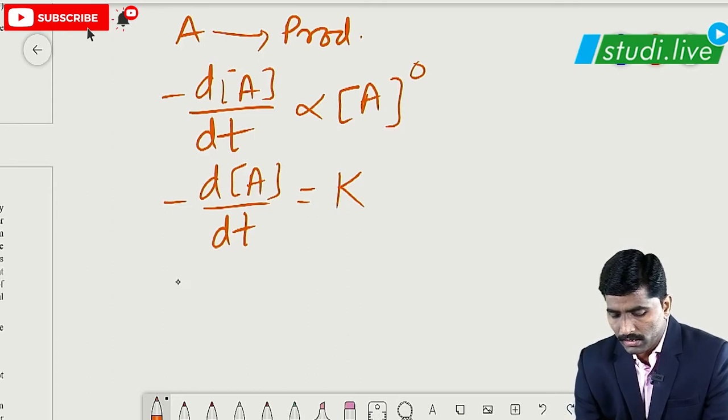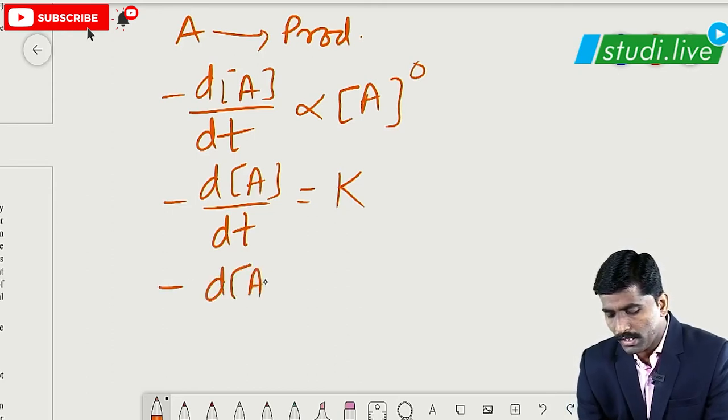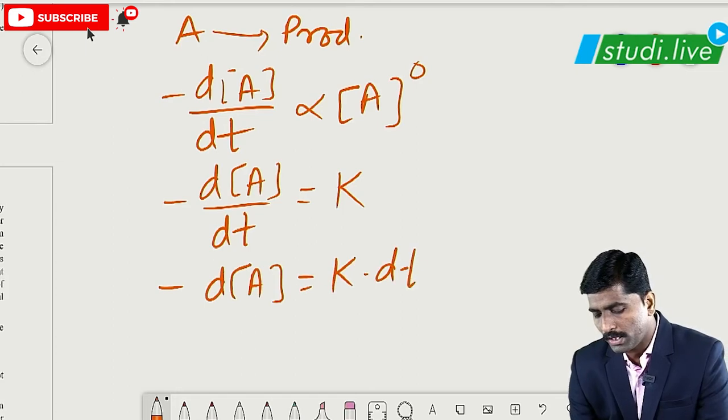So what is left is K, and minus dA is equal to K into dt.